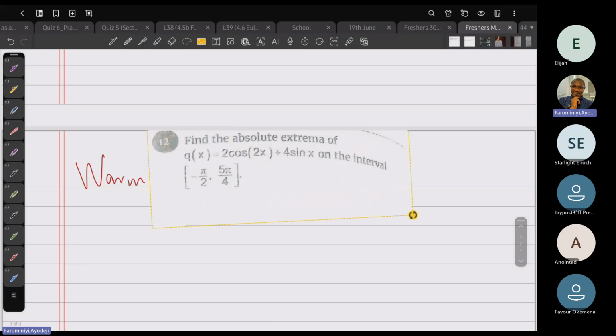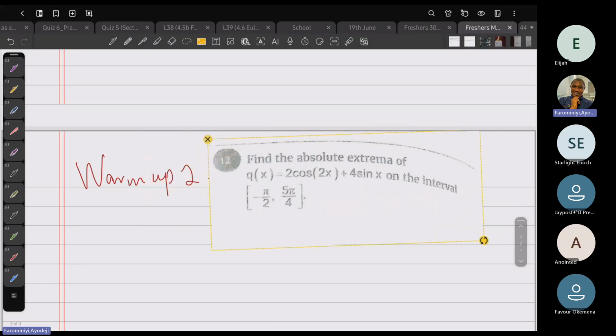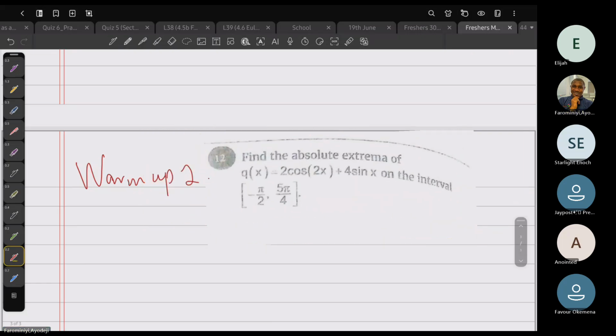Find the absolute extrema of this function q of x equals 2 cos 2x plus 4 sine x. So what is the meaning of absolute extrema?